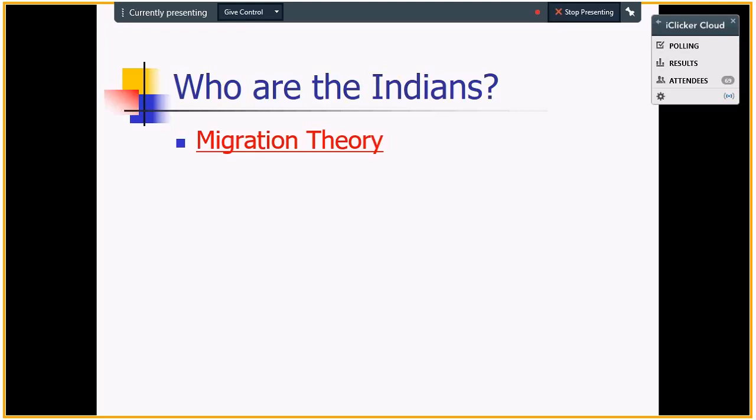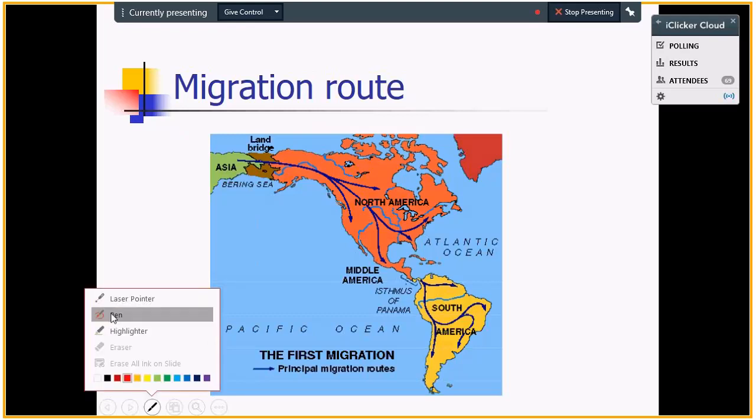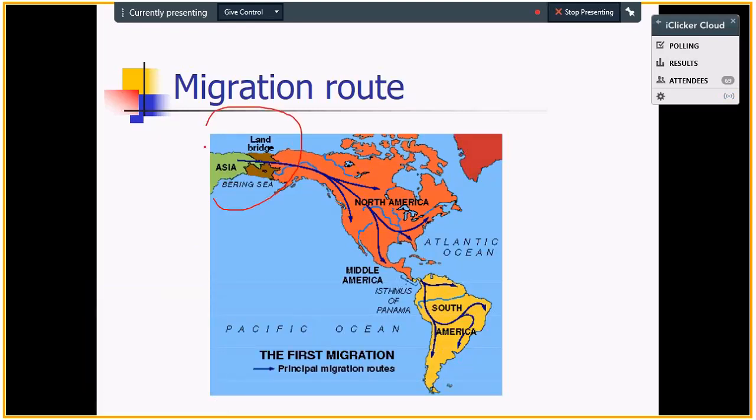Well, this migration theory says that the first humans to reach the New World, the Americas, came through a land bridge known as Beringia.